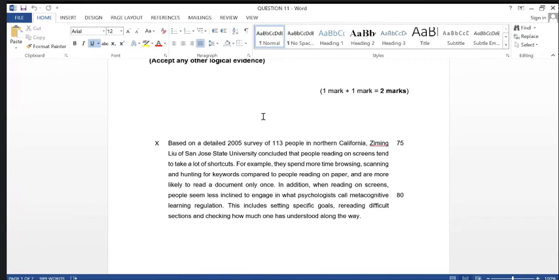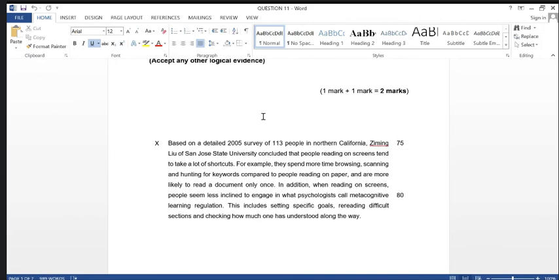Okay, the text says people take a lot of shortcuts. They only browse, scan, hunt for words, they don't read many times, they don't reread difficult sections, they don't check what they understand, they just read straight to the end. So, what is your inference? You can infer that people who read on screen just want to finish quickly, one. Number two, just want to get specific information and not the total comprehension of the text.